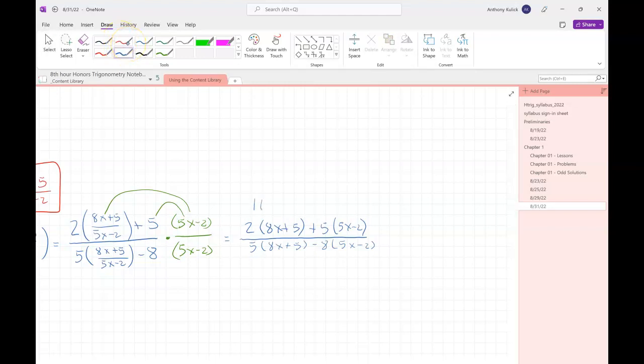So what do I have here? 16x plus 10 plus 5x minus 10. And I'll have 40x plus 25 minus 40x plus 16.